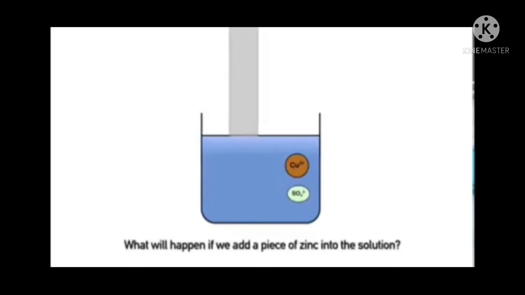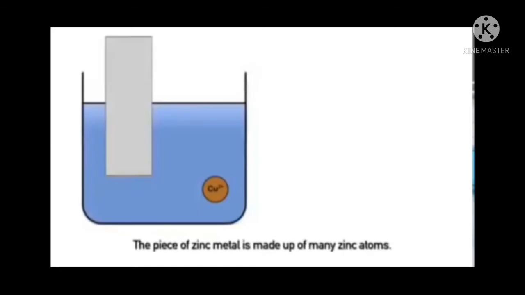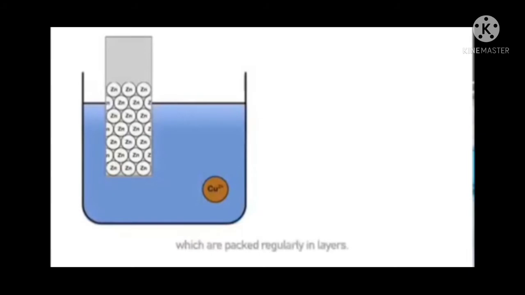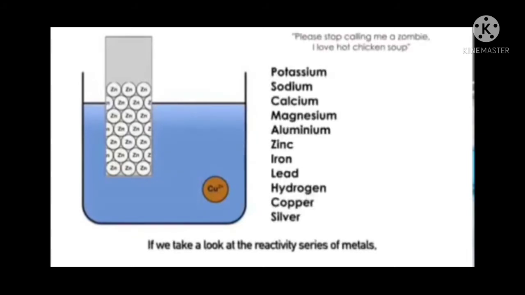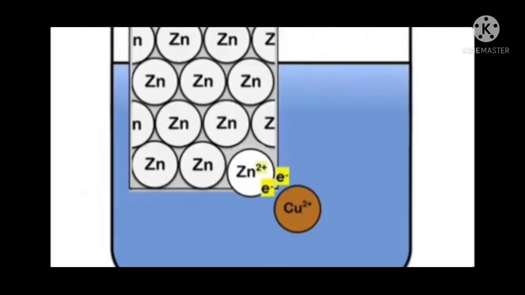When we add a piece of zinc into the solution, what will happen? Now, here there are two metals, zinc in free state and copper in copper sulfate solution. You already know about the reactivity series of metals. According to the reactivity series, zinc is more reactive than copper, because zinc is placed above the copper in the reactivity series.